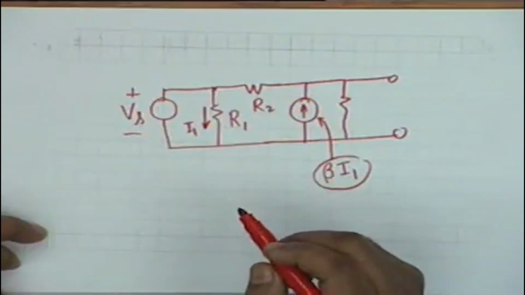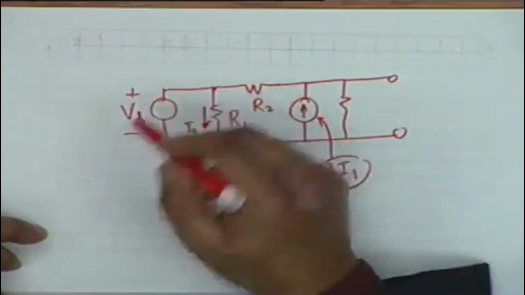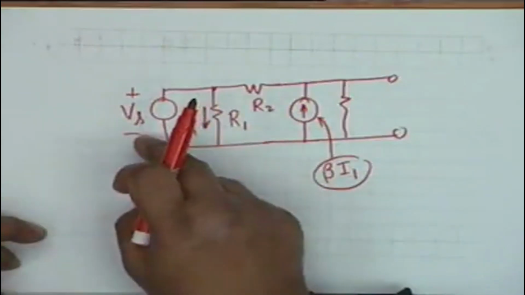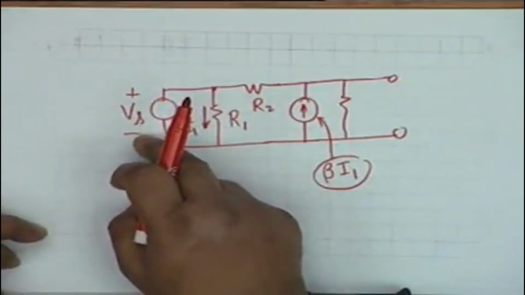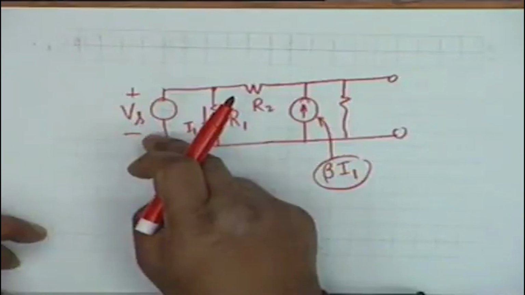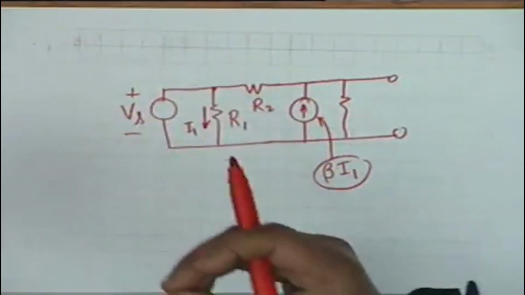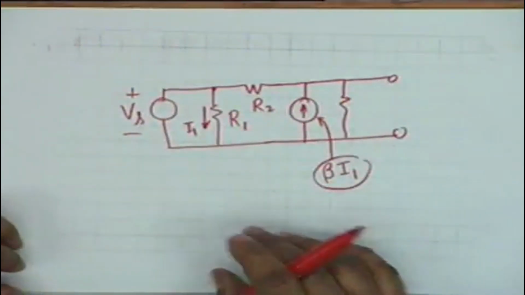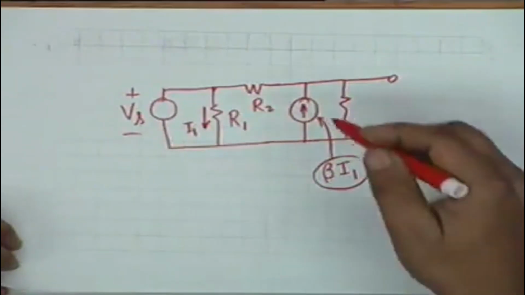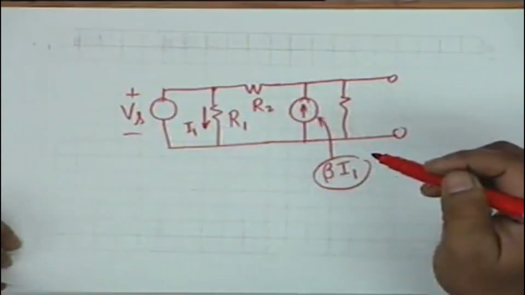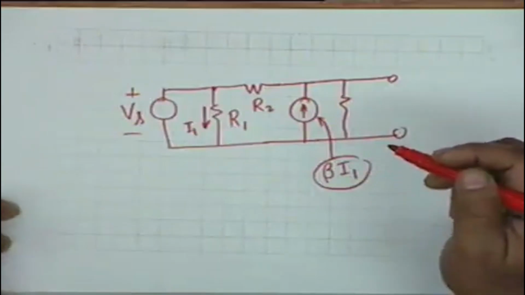You understand this? This voltage source Vs, for example, is an independent voltage source because it generates a voltage Vs irrespective of what happens to the rest of the world. It doesn't care. Whereas this current generator is not so independent.